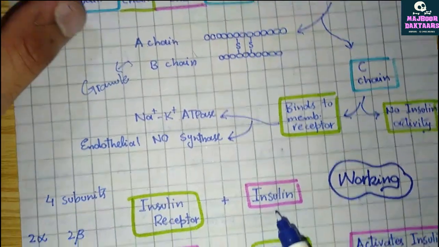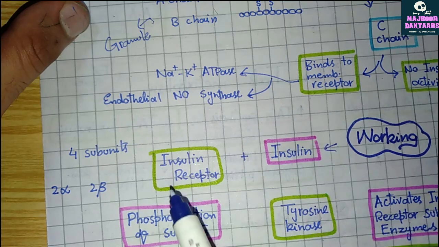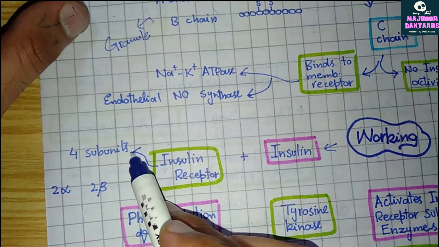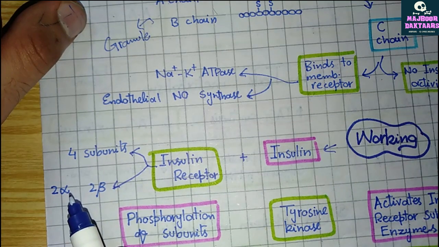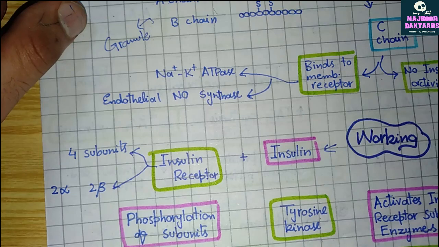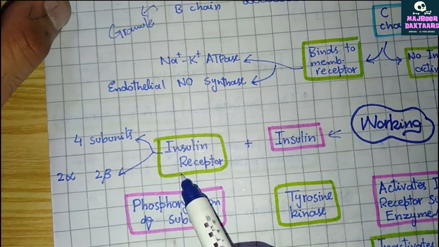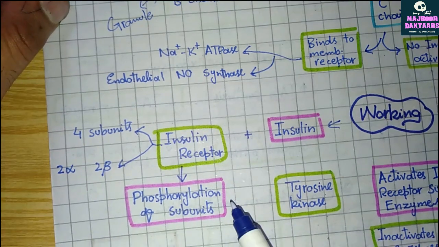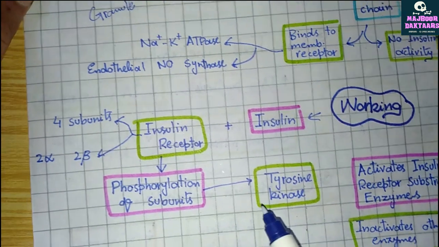Now working of the insulin. The insulin binds with the insulin receptor, which has 4 subunits, 2 alpha and 2 beta. The alpha ones are outside while the beta ones traverse the cell membrane and go inside. Now the attachment of the insulin causes the phosphorylation of the subunits, which causes the activation of tyrosine kinase.